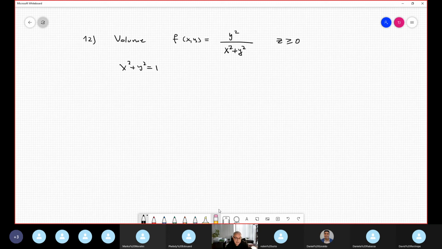Remember, this is in 3D, it is a cylinder, not a circle. And the other is x squared plus y squared equals 4. So basically we have two walls, a cylinder of radius 1 and a cylinder of radius 2. And the roof of this solid is this function.